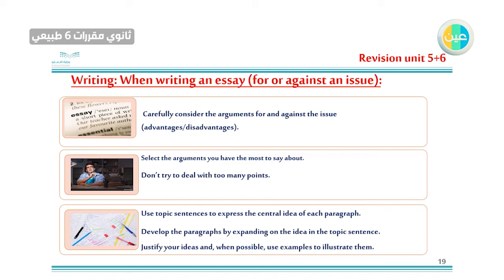So when you want to write an argumentative essay, you have to consider the advantages and disadvantages of this issue. Okay, it's the same as pros and cons. Number 2, select the arguments you have the most to say about. Don't mention everything you know about. Just choose the strongest, the richest point. Don't try to deal with too many points. You will lose your readers.